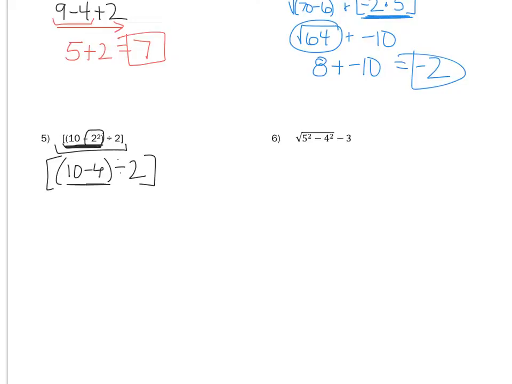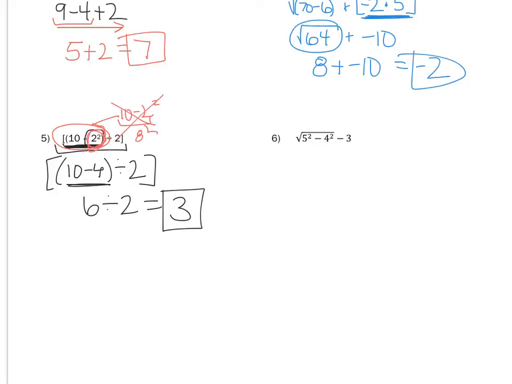Then we can simplify. 10 minus 4 is 6, divided by 2. 6 divided by 2 is 3. Big thing with that one, do not do 10 minus 2 squared. Don't go 10 minus 2 first and then square it. That's a big no-no. You have to do the exponent first. So that's why we did 10 minus 4.